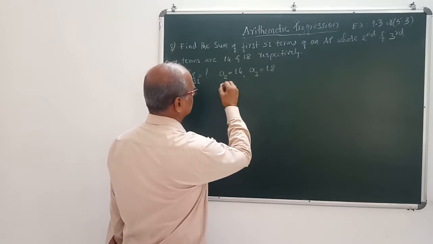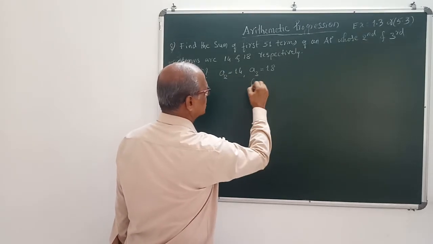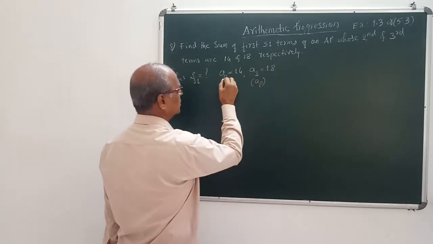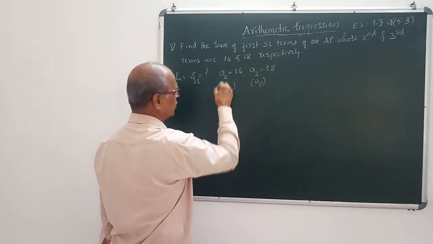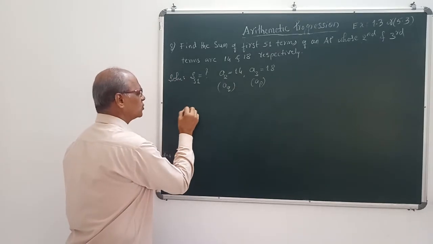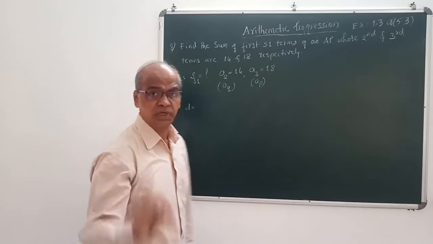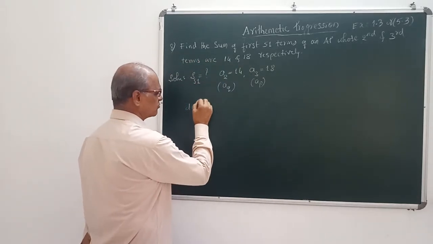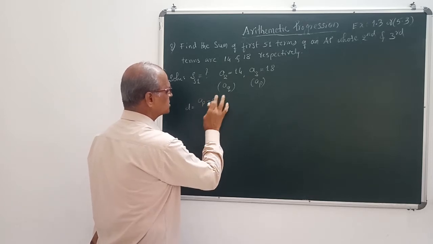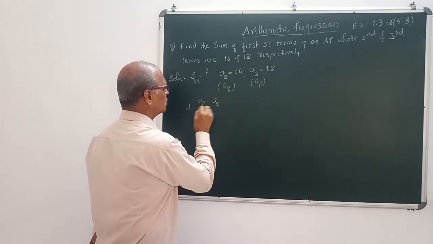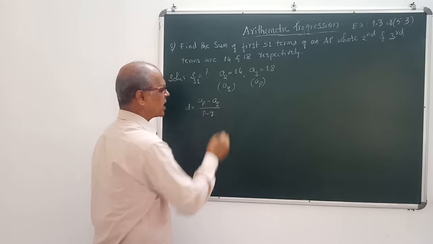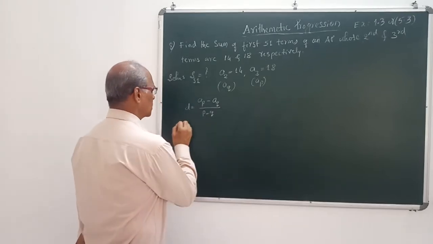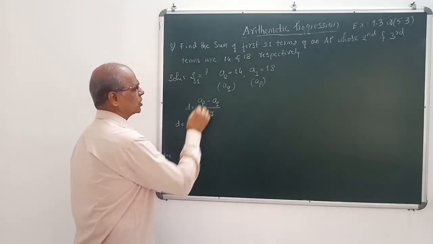Okay. Now, I will take this as Ap, this as Aq. Right? Now, to find D, I have given you 3 different formulas. Out of which this is very easy: (Ap minus Aq) divided by (p minus q). So D is equal to, what is Ap?